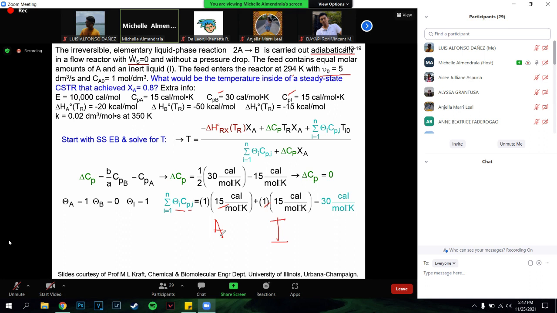So the initial flow rate of I is the same as that of A. So both are equal to 1, the theta of A and this is theta of inerts. And so the heat capacity for both are the same. So this is the summation of theta_i Cp_i. So you get this to be equal to 0. This is okay. And this is also 0 now.